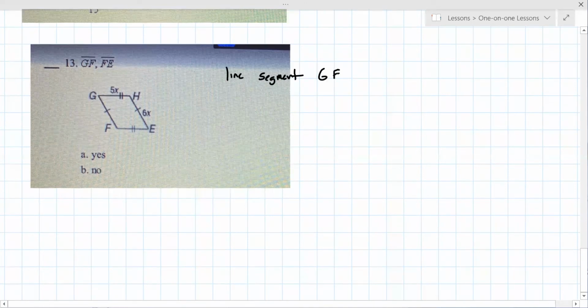There's probably some instructions above this, meaning our G to F, which is here, and F to E, which is here. I don't know. The question says yes or no. Maybe it's asking if they're the same.